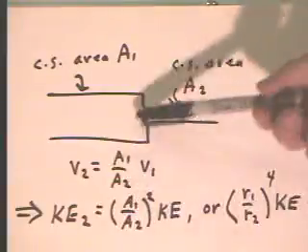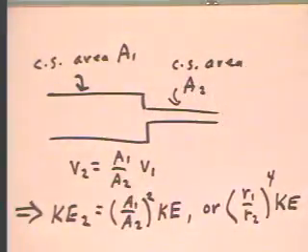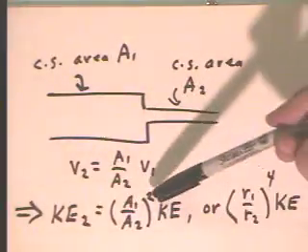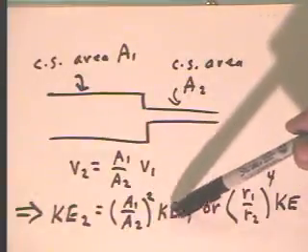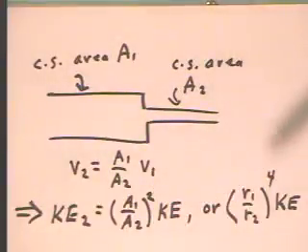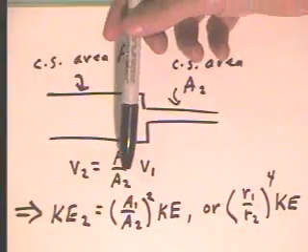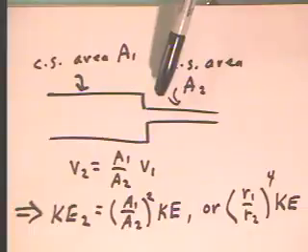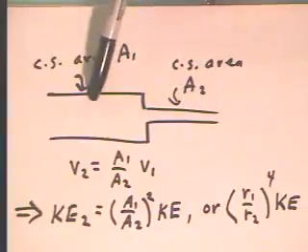Now this implies that the kinetic energy in wire 2 will be A1 over A2 squared times the kinetic energy in wire 1. And that's a KE sub 1, not a KE sub comma. A1 over A2 is the ratio between the velocity here and the velocity here.